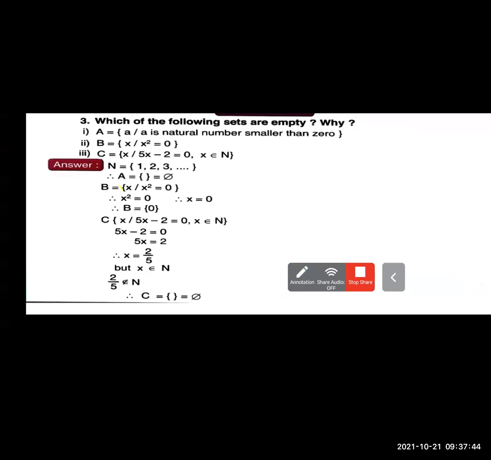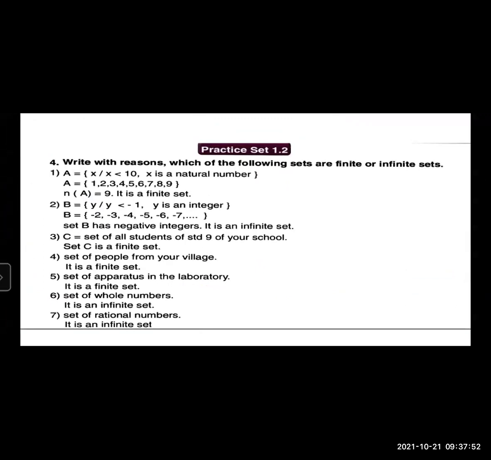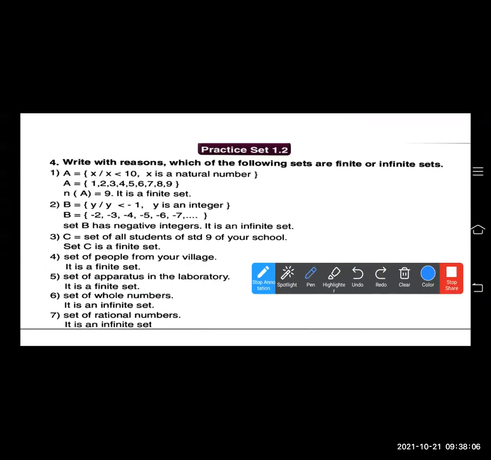Okay, let's go through question number 4. Write with reason which of the following sets are finite or infinite sets. There are several questions in this 3rd, 4th, 5th, 6th, 7th is reduced from your portion. But let's see which are finite and infinite. First and second question you will solve.